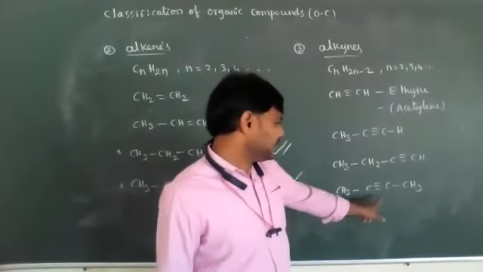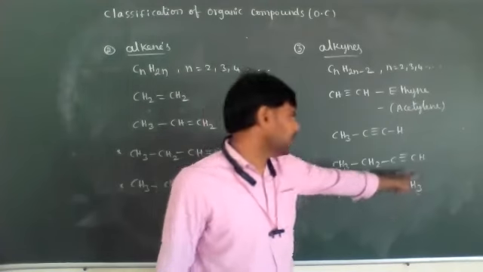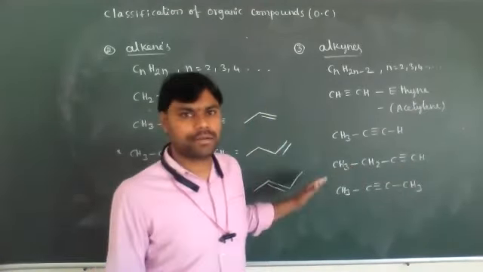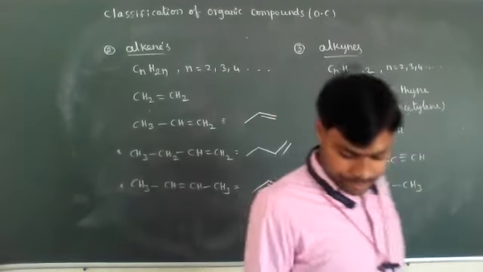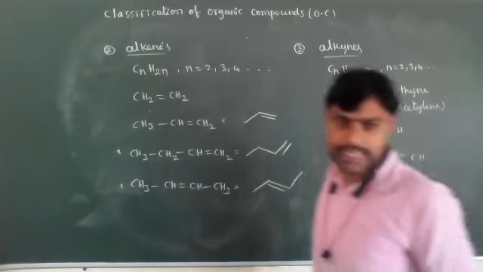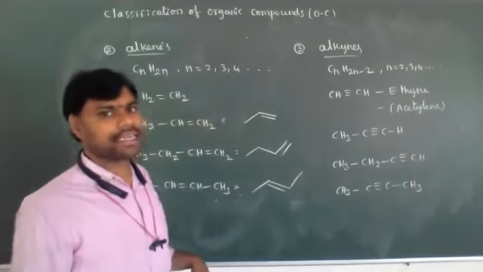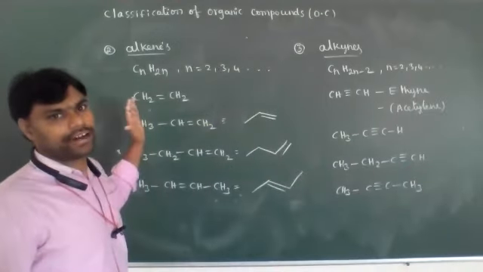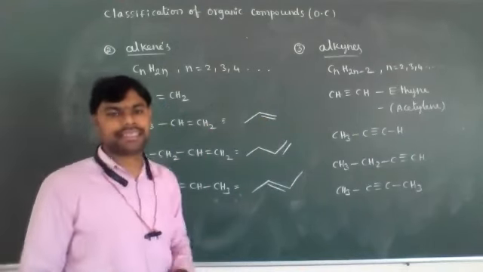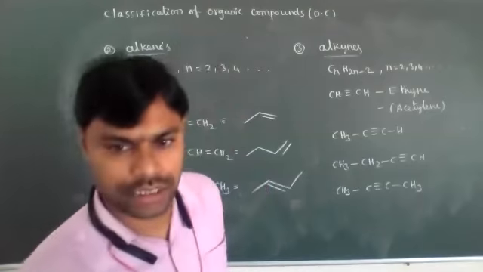The triple bond is present between the second and third carbons. Here it is between 1 and 2. That's why these two are also positional isomers. So this is about open chain organic compounds, or acyclic organic compounds. Again, they are divided into saturated and unsaturated with examples. The remaining cyclic compounds we will discuss tomorrow. Okay, students.